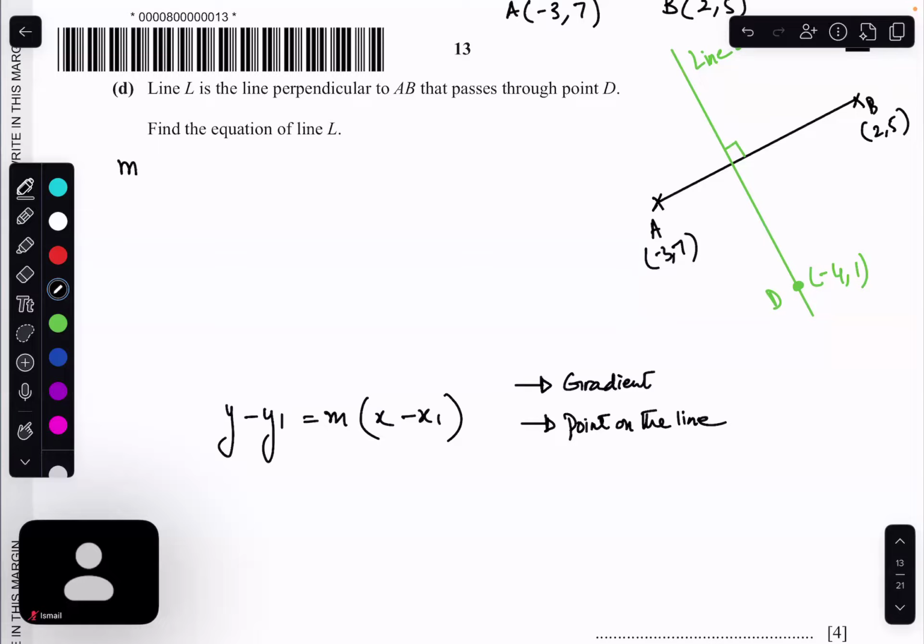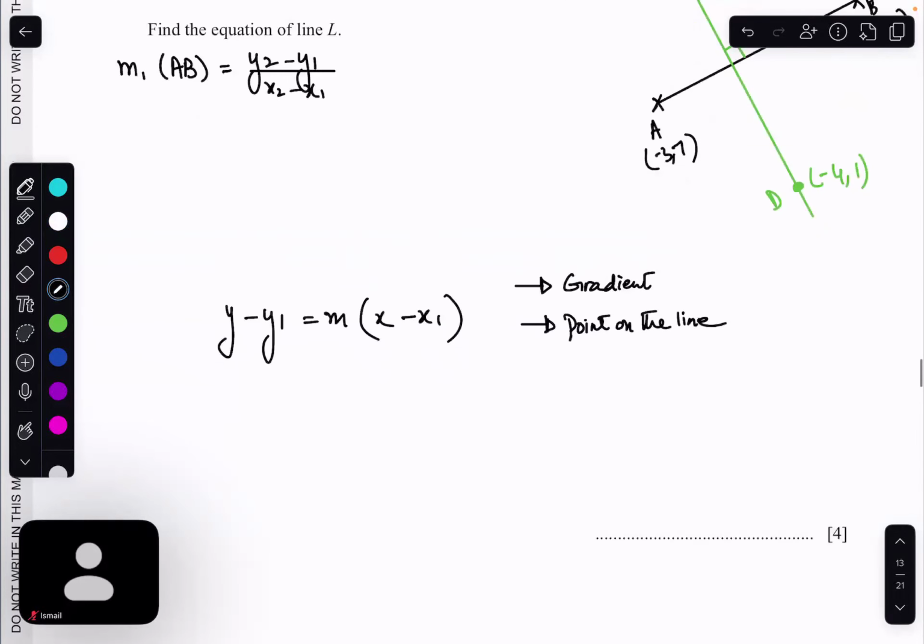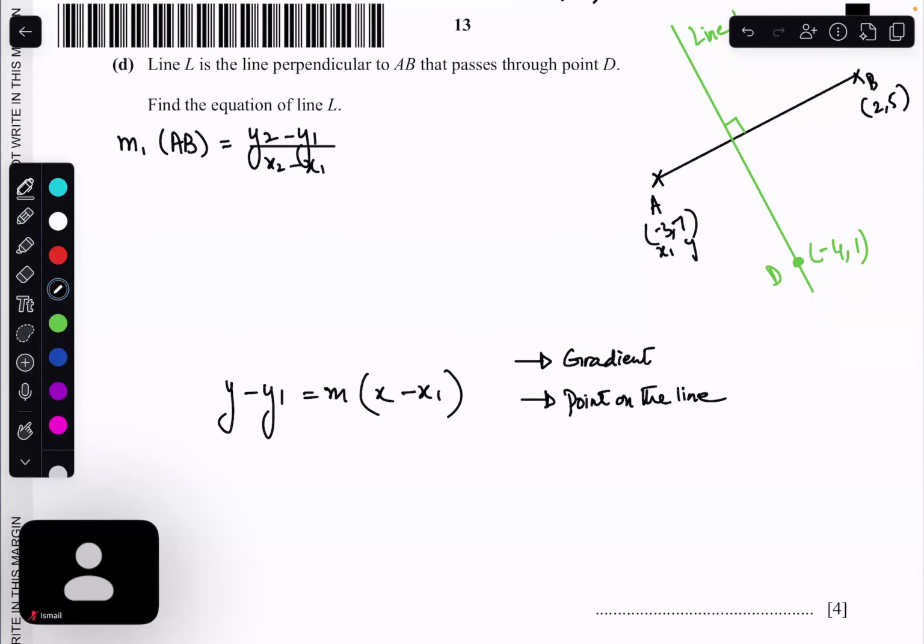Okay. So gradient, which is represented by m, let's say m1 for AB, is equal to y2 minus y1 over x2 minus x1. First, I am finding the gradient of line AB. For that, let's say this is x1, y1, x2, y2.